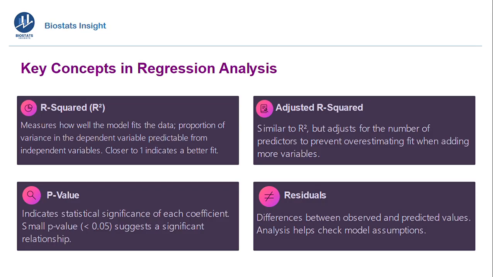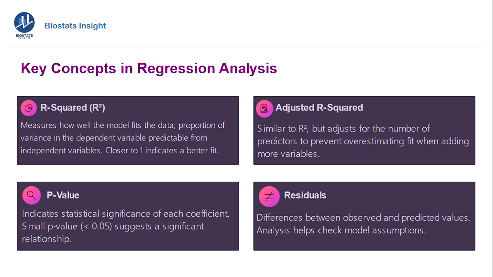Now the key concepts are the factors that help you interpret the regression analysis. R square helps you measure how well the model fits the data, or the proportion of variance in the dependent variable predicted from the independent variables. If it is close to 1, that is known as a better fit.